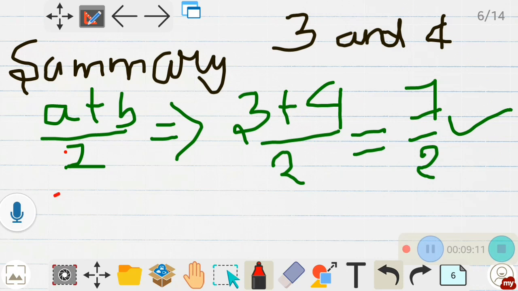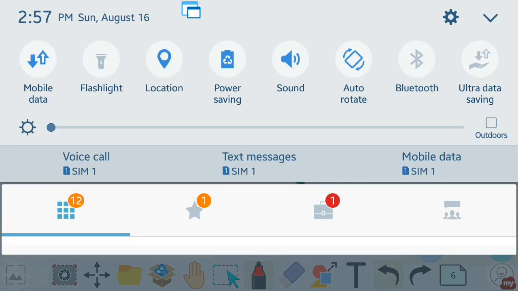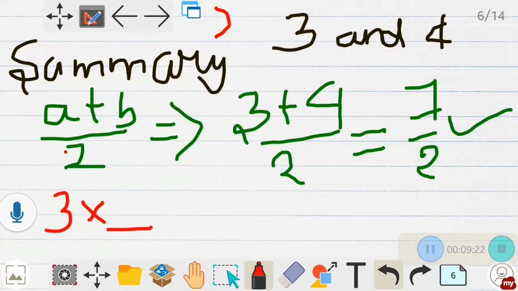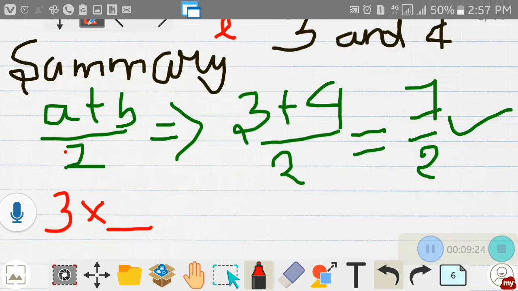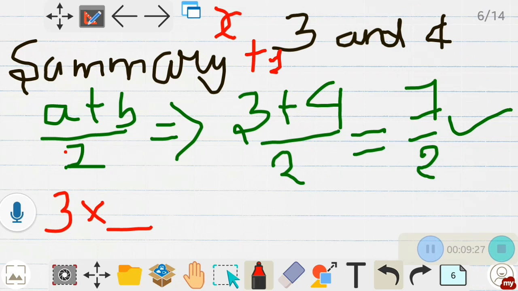And by the second method we will make the denominator the same. Let's suppose we want to find rational numbers between 3 and 4, and we want to find 6 rational numbers.